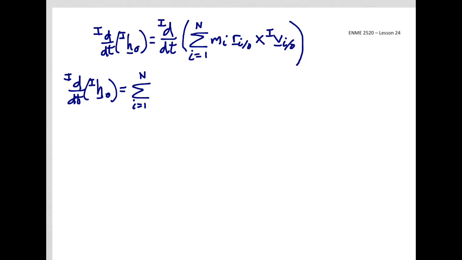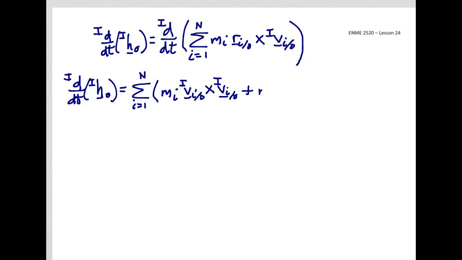As you know from previous lessons, we can really do about what we like with these summation signs, moving them through in the calculus. And so when we pull our summation out, we're going to use the chain rule. So we'll get the mass of point I, and then the time derivative of our position vector is going to be our velocity vector, v of I with respect to O, as observed in the inertial reference frame. And this will be crossed with v of I with respect to O in the inertial reference frame.